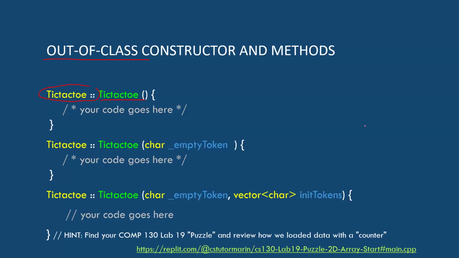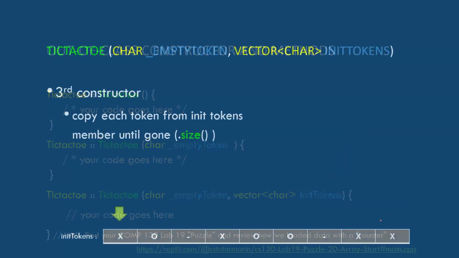Now, you might be a little confused by this. For those of you who can think way back to our elephant puzzle, where we used a vector to initialize a 2-dimensional thing row by row by row. That's what we're doing in tic-tac-toe. I'm going to give you the board in an initially 1-dimensional form, and your constructor is going to have to copy that in. I'll show you that here in just a second, but that's what I'm hinting at right here, okay?